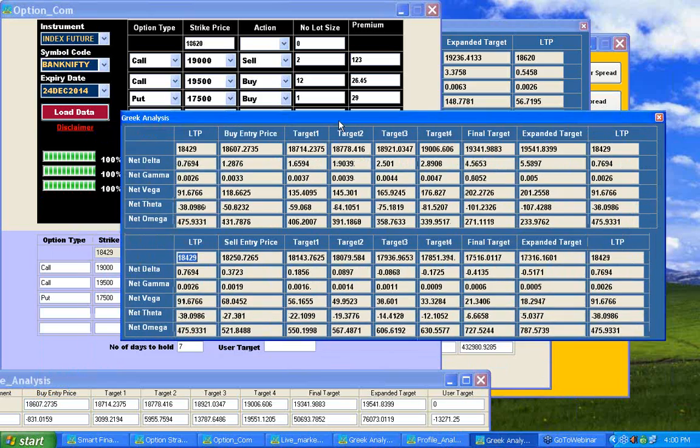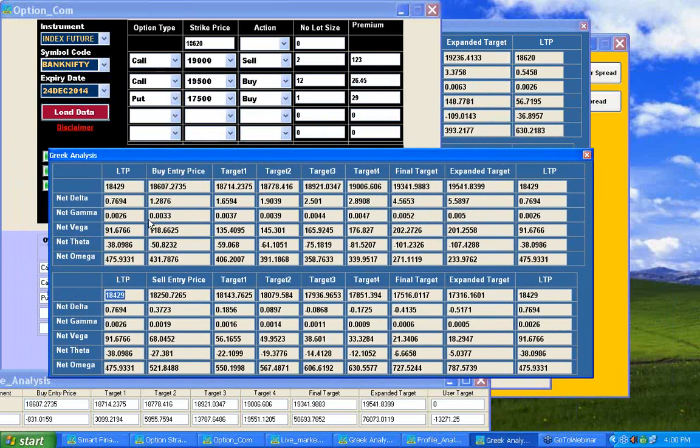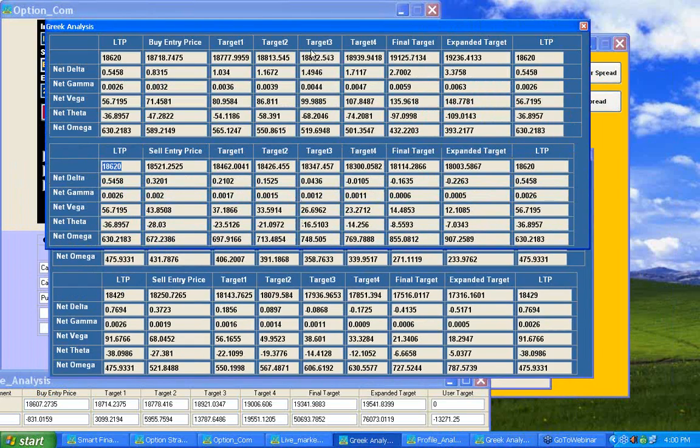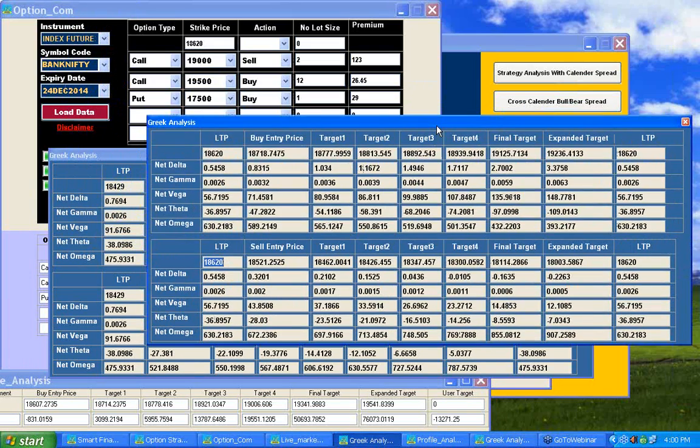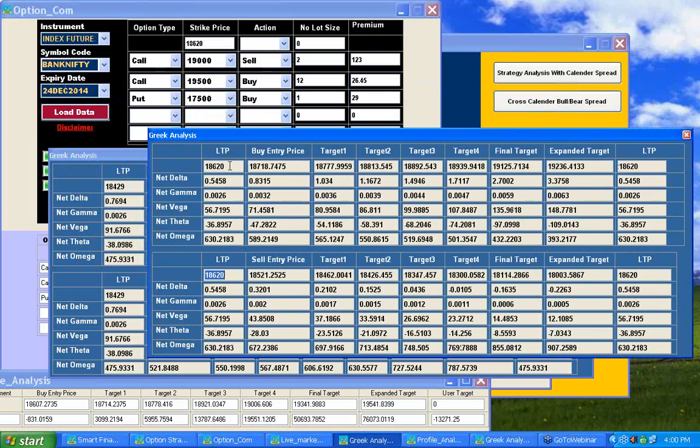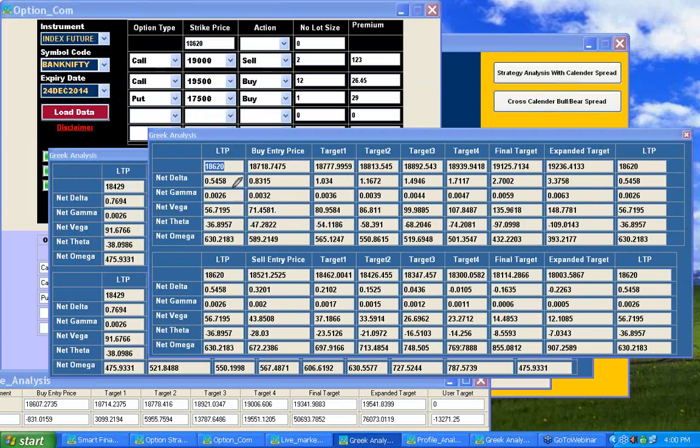When I initiated this particular strategy, 0.76 was the net delta, and currently, if I take the current price of 18,620 into account, my delta is 0.54. So I can add any one strategy, any one lot here and bring it to the delta which I had before, and I can continue holding for 2 more days.